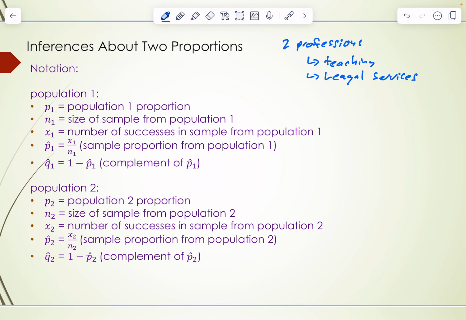Both very broad professions, and you want to know, does one have more women than the other?